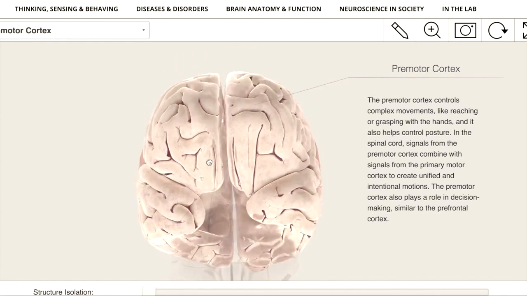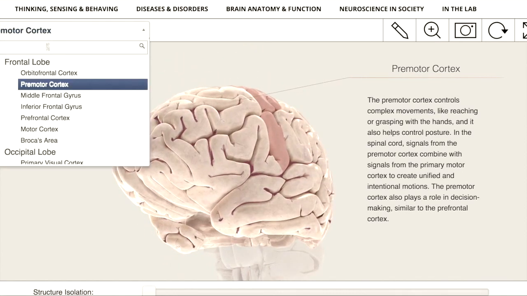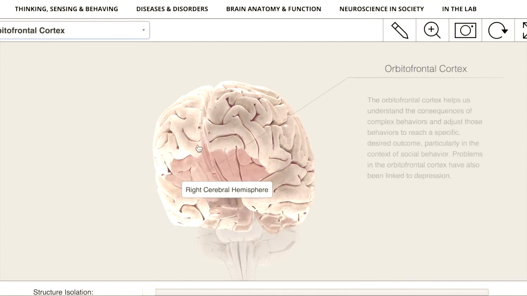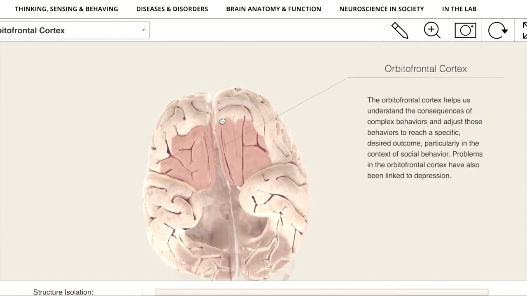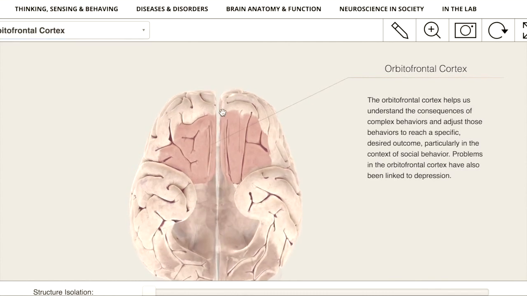We had talked about the olfactory lobe on the underneath surface of the brain, with the olfactory lobe right down the center of that there. But the orbitofrontal cortex on the floor of the frontal lobes is very important in controlling behavior.